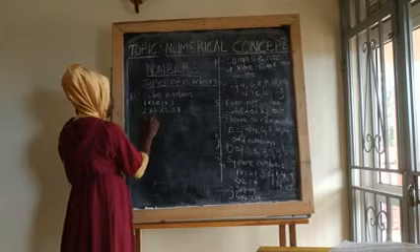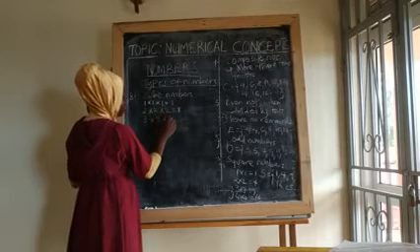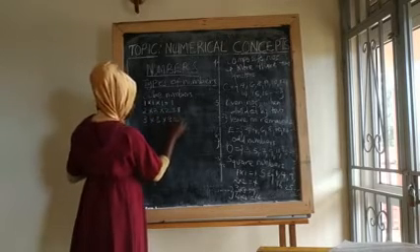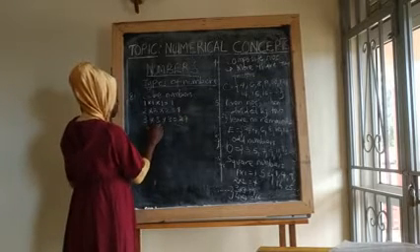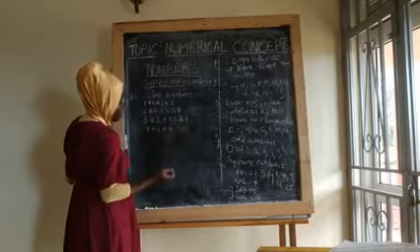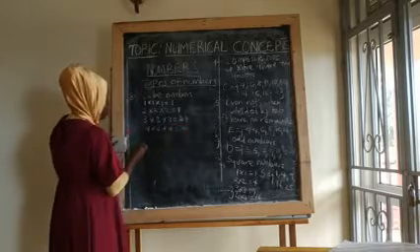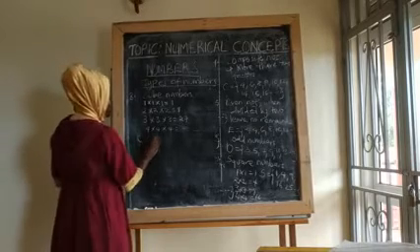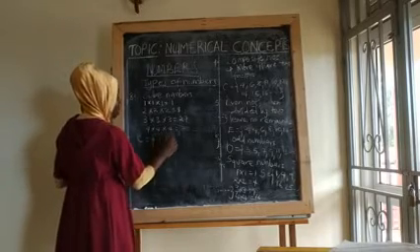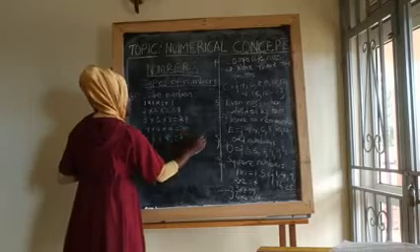I have 3 times 3 times 3, which is how many? I have 4 times 4 times 4. This is how many? You tell me. So the set of cube numbers, which is denoted by C, is given by 1, 8, 27, and then the list is endless.